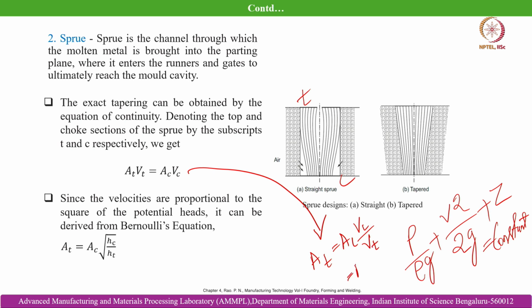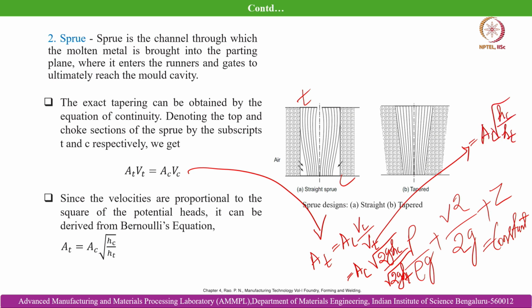So that means A_C root over 2 g H_C by root over 2 g H_T, which becomes equal to A_C root over H_C by H_T.